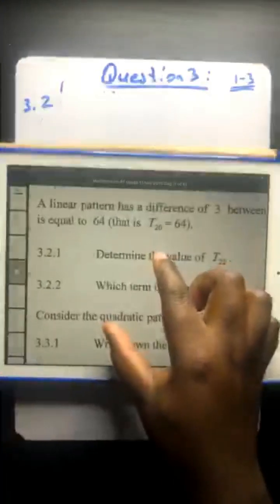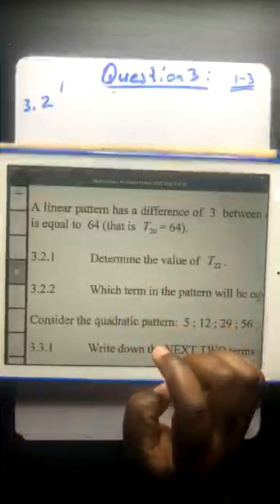Yes, sir. Okay, so here we've got information from 3.2 which says a linear pattern.